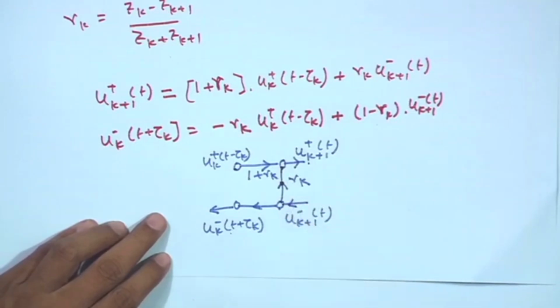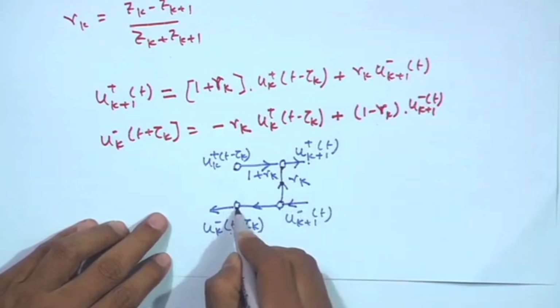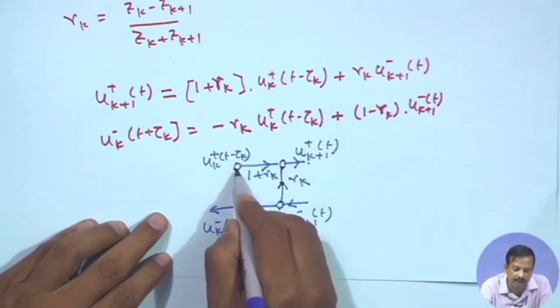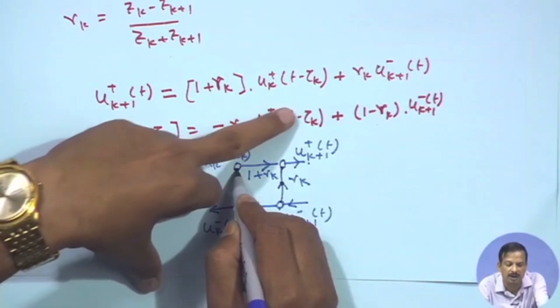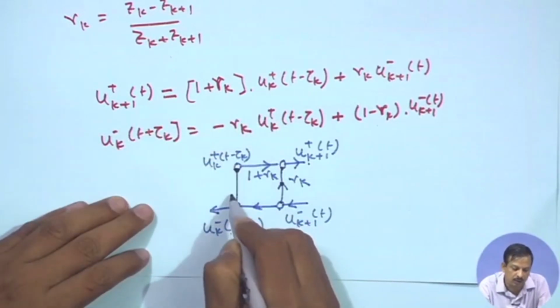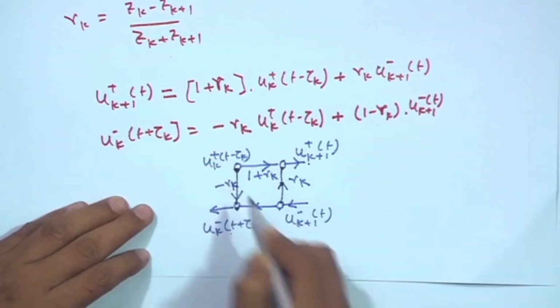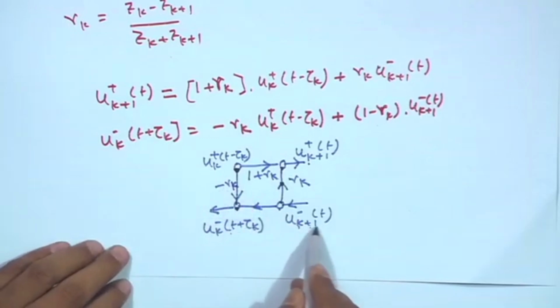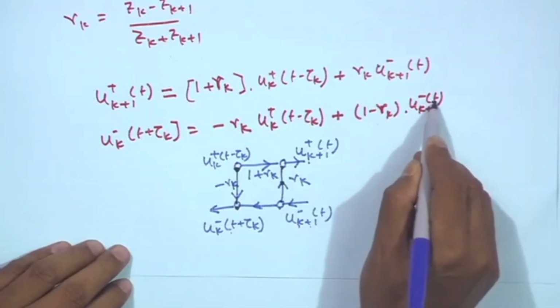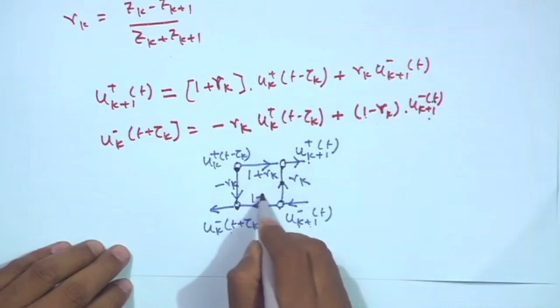Okay or not? Then I want to know this signal. This signal is nothing but u k plus t minus tau k multiplied by minus r k, and this signal u k plus 1 t minus is multiplied by 1 minus r k.